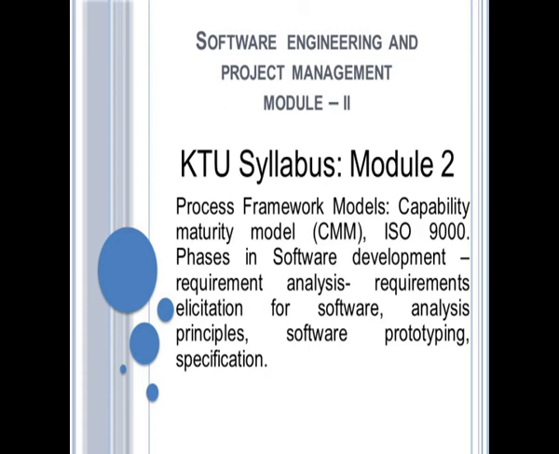Then we will start our discussion about the different phases of software development, such as requirement analysis, requirement elicitation, and analysis principles, then software prototyping and specification. All these phases are part of the requirement collection or requirement engineering process. So let us see module 2 in detail.